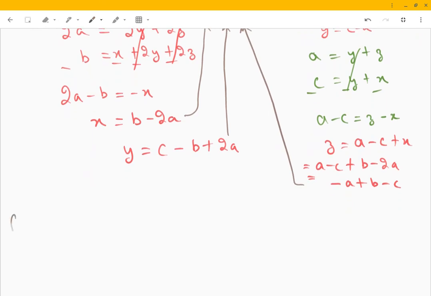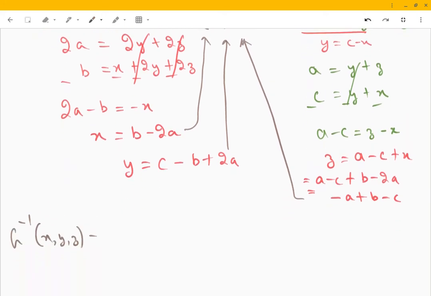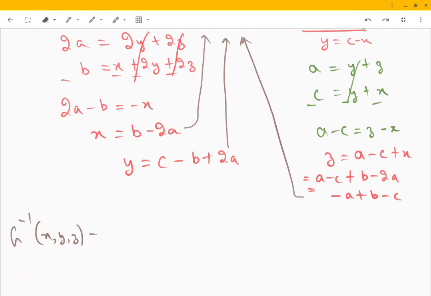So we'll write g inverse as: my x is b minus 2a, y is 2a minus b plus c, and z is minus a plus b minus c.